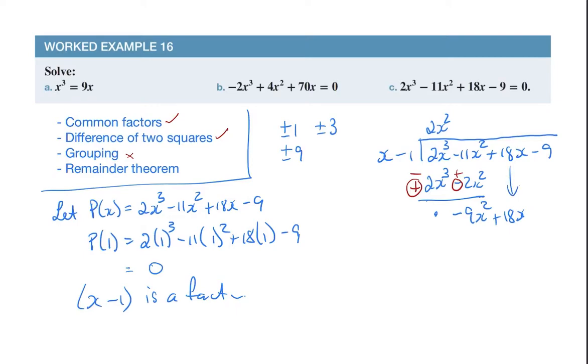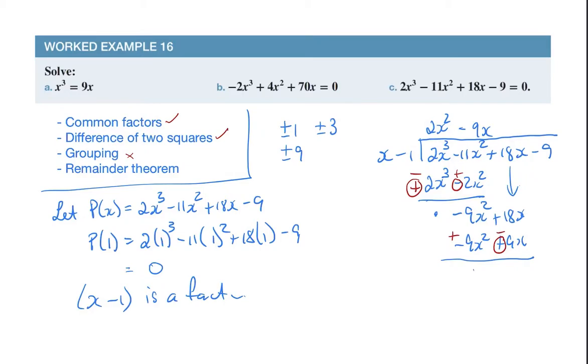The 18x comes down. I then say x divided into negative 9x squared is negative 9x times. Negative 9 times x equals negative 9x squared. Negative 9x times negative 1 is positive 9x. I subtract. The moment I subtract, my negative becomes positive and my positive becomes negative.